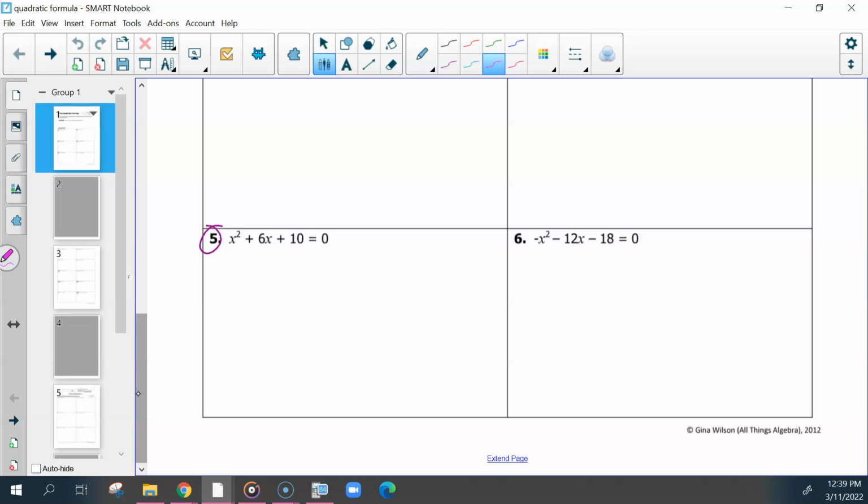Alright, starting off, what are your A, B, and C values for this one? 1, 6, and 10. So then we're going to use those values and put them into your formula.